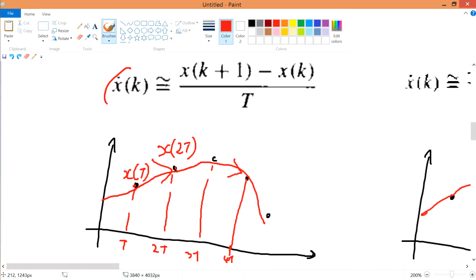So the changes that describe this curvature can be captured by this formula itself. This change only describes the change between these 2 points. Then the next 2 points, you're going to have another change.